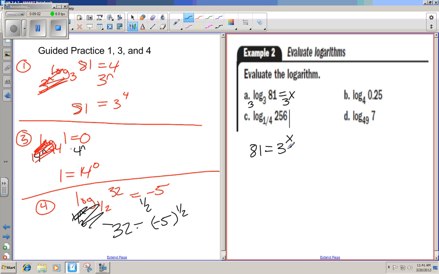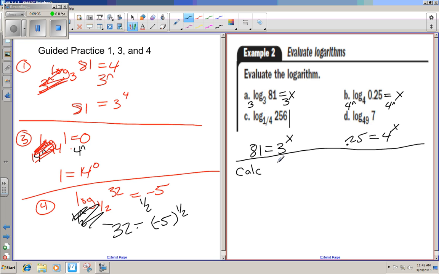Now you can in your head decide what x is. 3 squared, 3 cubed, and so on. That is the way you could set this up. So here, log base 4, put it to the 4th base. So 0.25 is equal to 4 to the power of x. And you'd have to figure out what exponent works here, if you wanted to do it by hand.